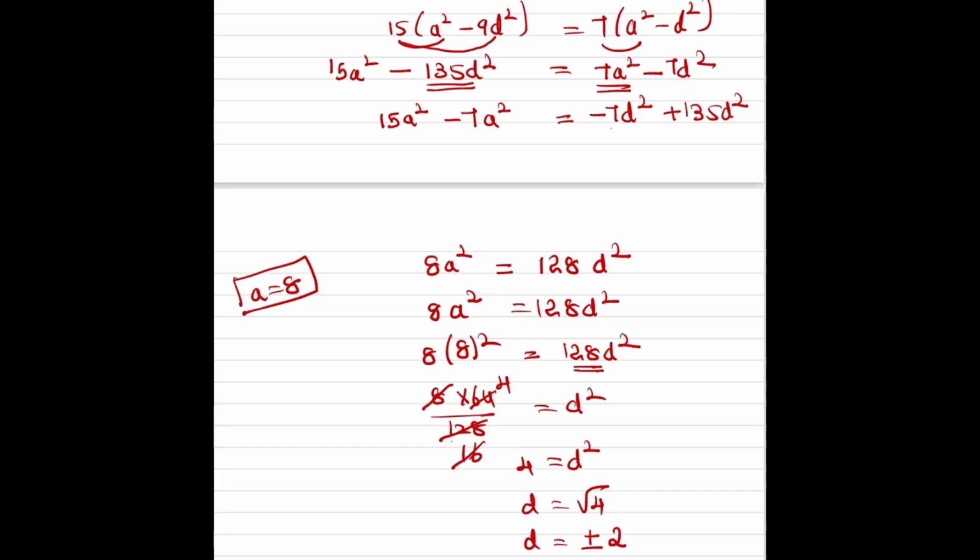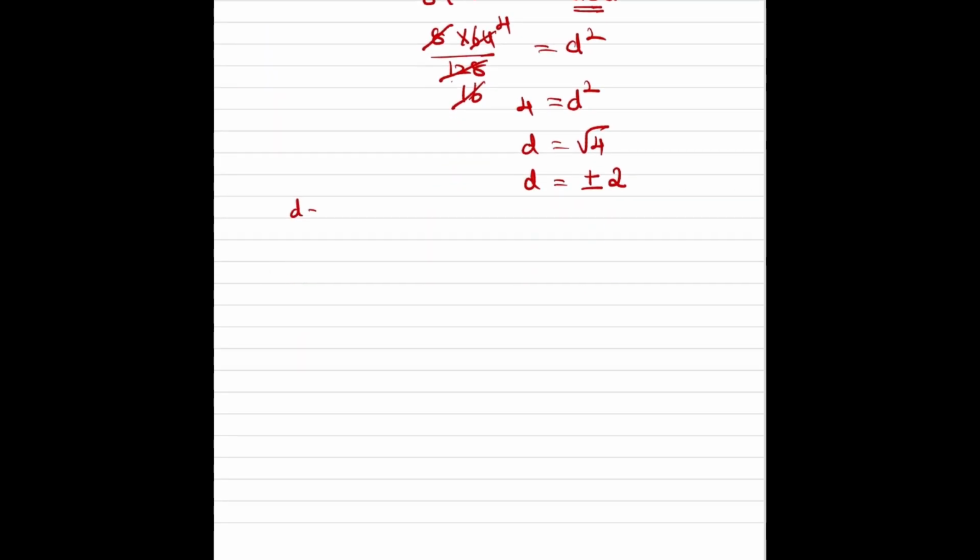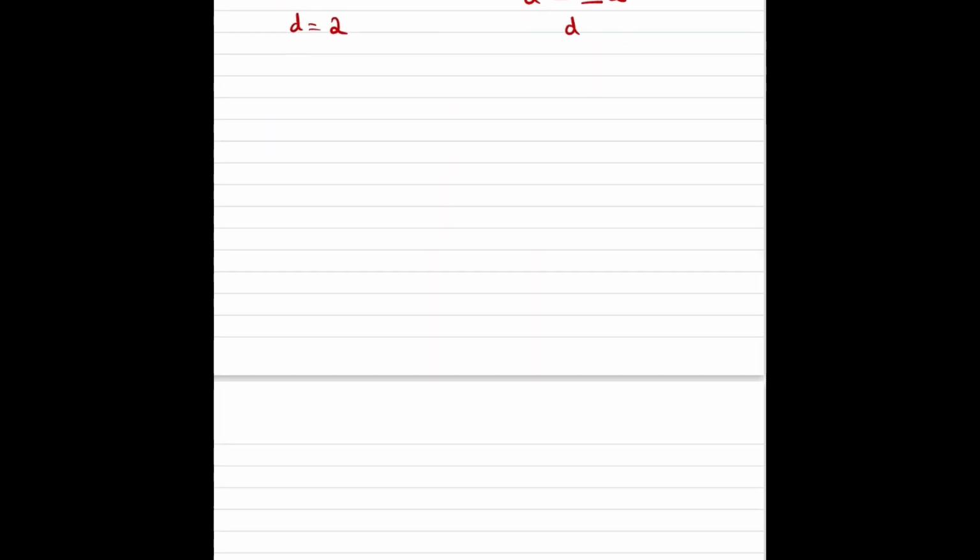Find the 4 numbers, they said. So the D value is one time positive 2, one more time negative 2. So now what are the 4 terms? A minus 3D, A minus D, A plus D, A plus 3D. So in the place of D I am going to substitute 2. A minus 3 into 2, that is, A value we already know is 8.